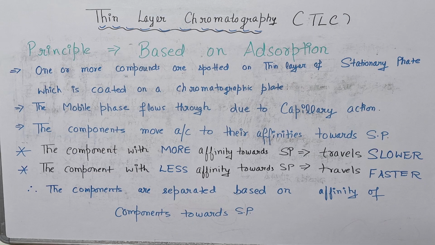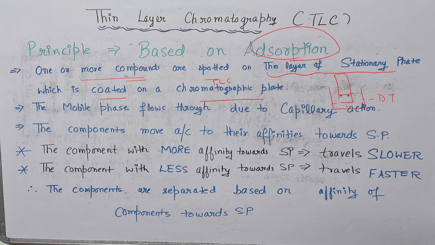So let's discuss the principle of TLC. It is based on adsorption. We take one or more compounds which have to be separated, and these compounds are spotted on the TLC plate, or we can say the thin layer of stationary phase coated on the TLC plate. After this, the mobile phase flows through due to capillary action. We place it in the development tank, and here is the mobile phase.